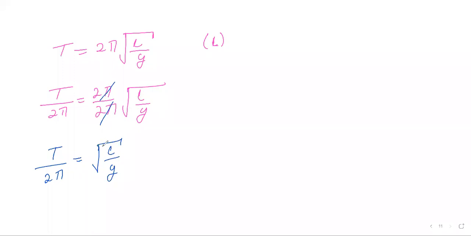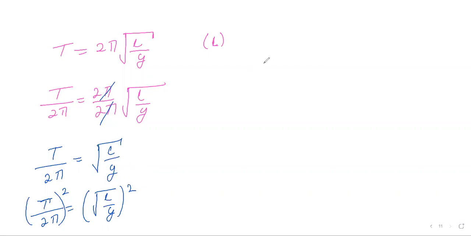So this is what I'm going to do now. I'm going to square both sides. I'm squaring both the left hand side and the right hand side.